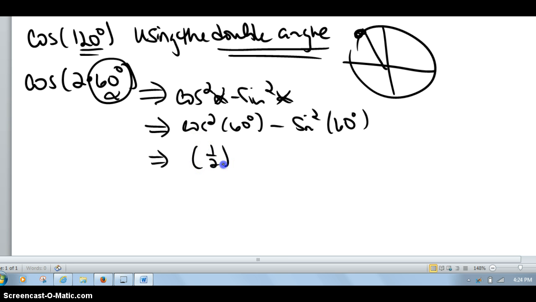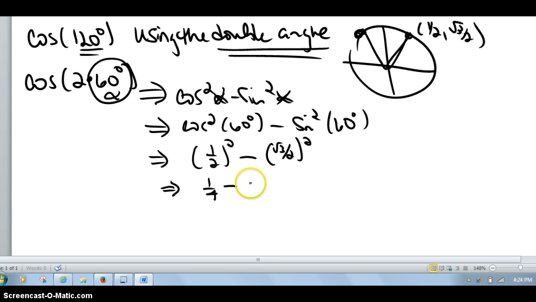So I would sub in, on a 60-degree angle, cosine would be a half and sine would be square root of 3 over 2. So that would be a half squared minus square root of 3 over 2 squared. That would be a fourth minus 3/4, is that right? So I get negative 2/4, which is a negative half.